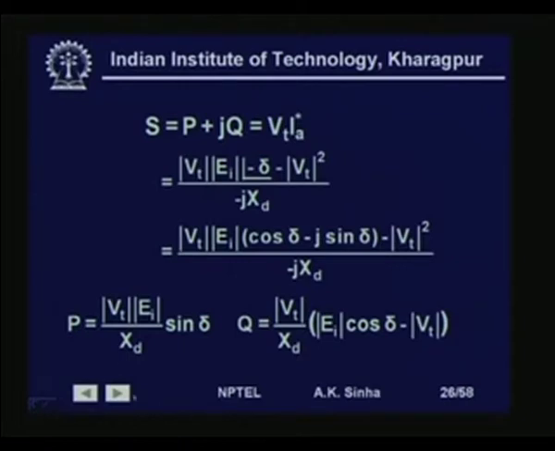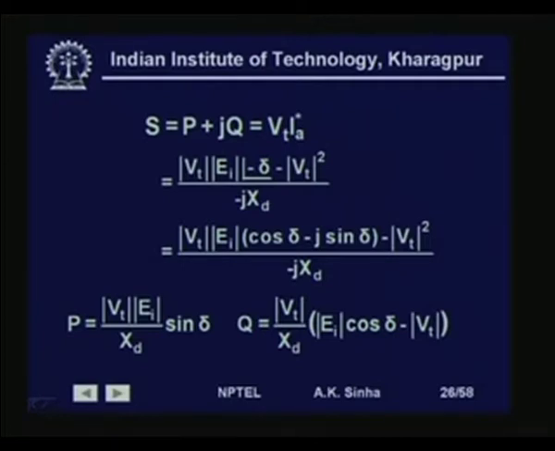We also see from this relationship that Q is dependent on Vt or EI. So, what we are finding is that P is predominantly related with the power angle and not so much with the voltage.